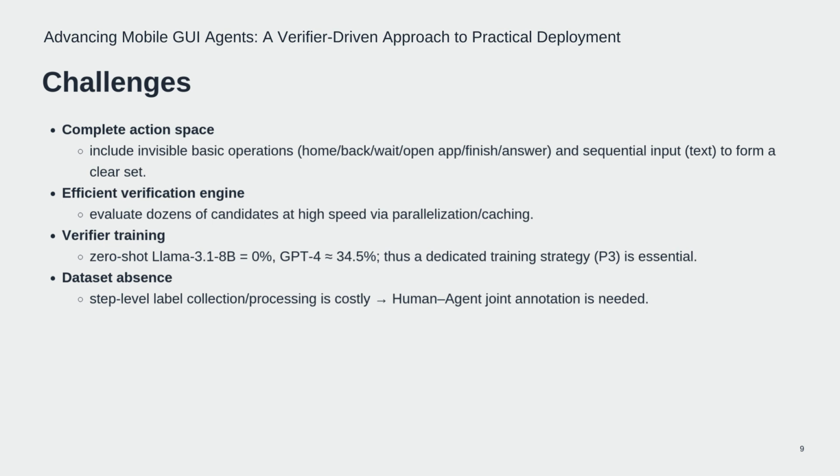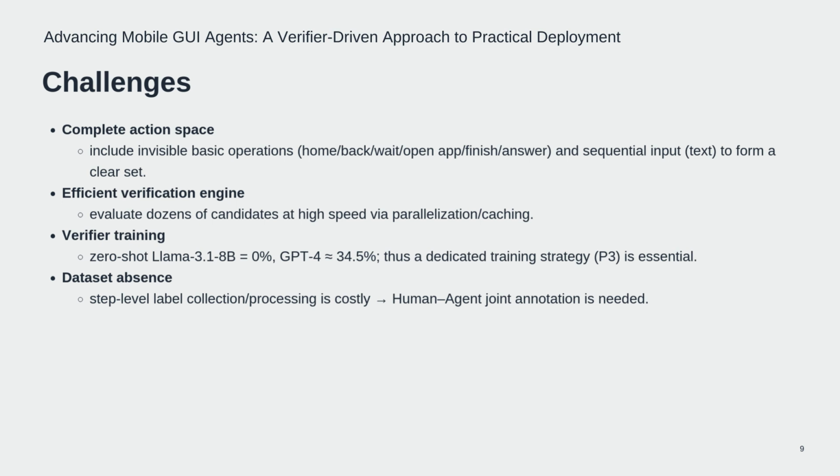In other words, out of the box LLMs don't know how to be good critics of GUI actions. They might be great general listeners, but they are not calibrated to evaluate fine-grained UI actions in a sequence. So they absolutely needed a dedicated training strategy to train the verifier models to do this job.